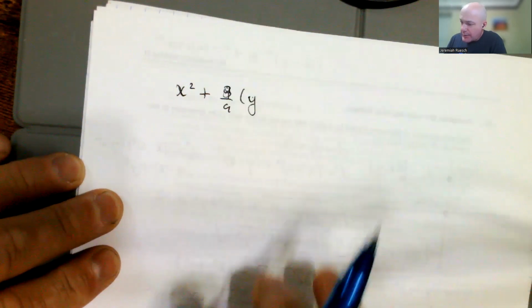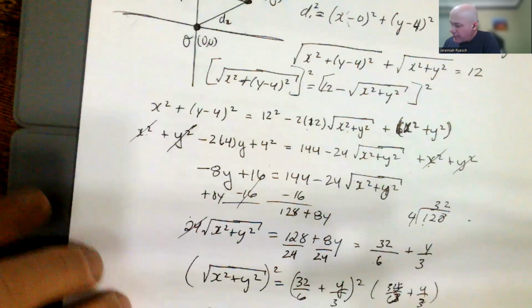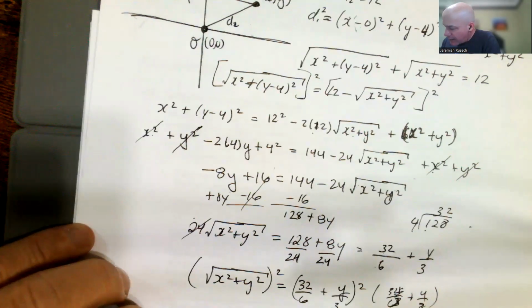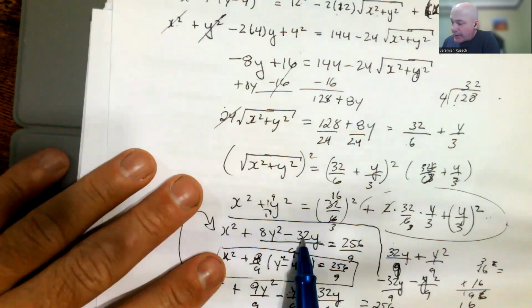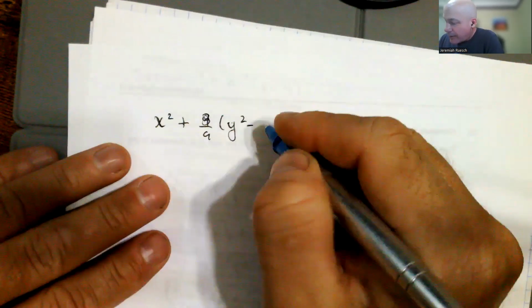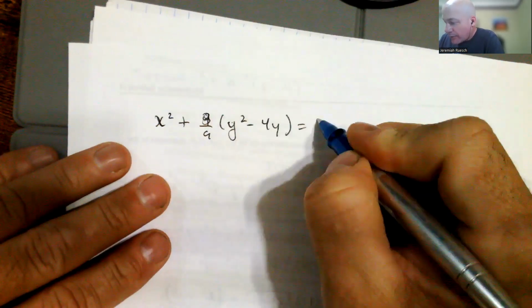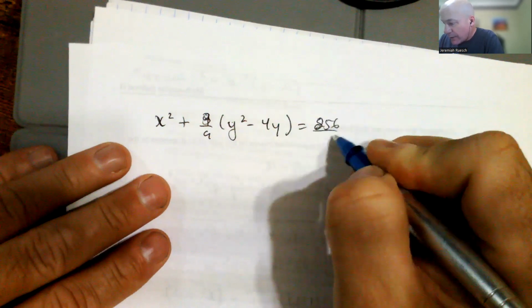No, that was 8. Is it 8/9? Yeah, that should be an 8. Sorry, I pulled out an 8. That's where the 4 comes from. 8/9 y squared minus 4y equals 256 over 9.